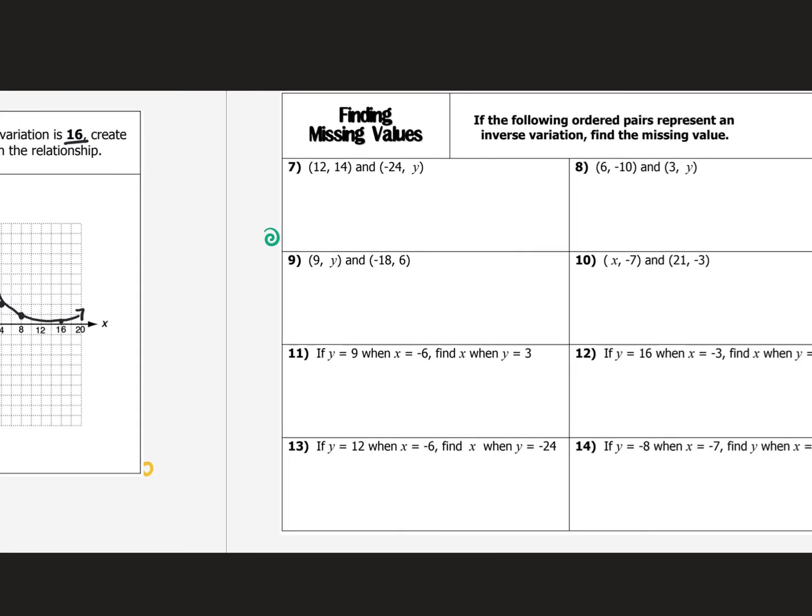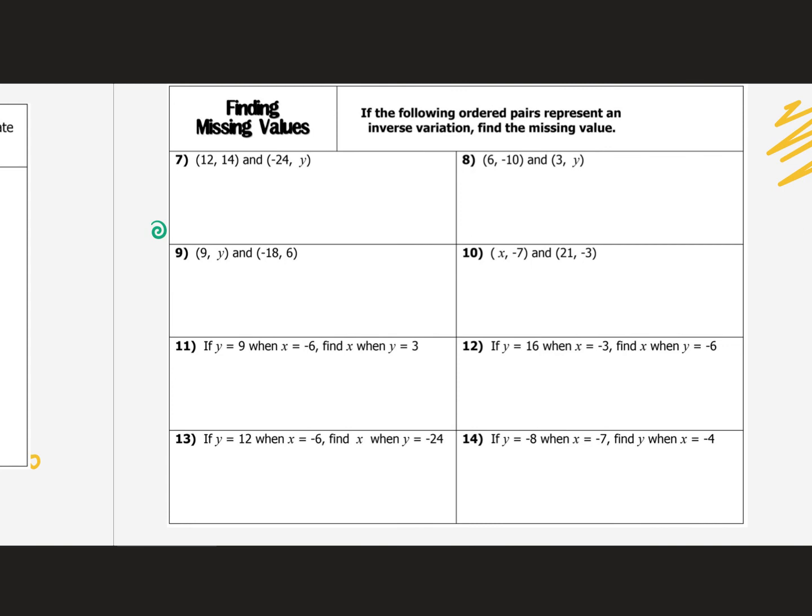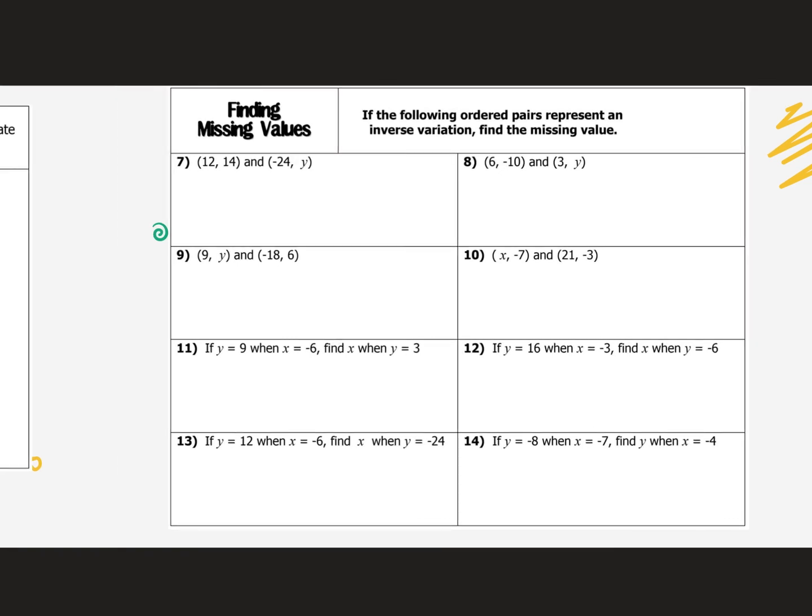All right. So just like a direct variation, we have to find missing values. In order to find the missing value, we use our constant, which is xy equal to xy. So remember, the inverse variation is a product of x times y.